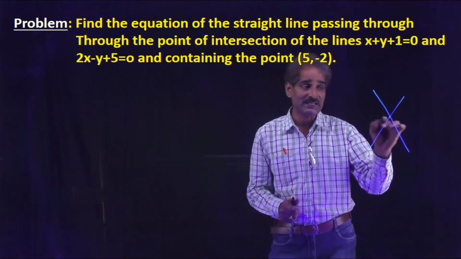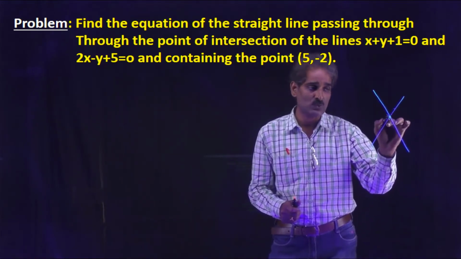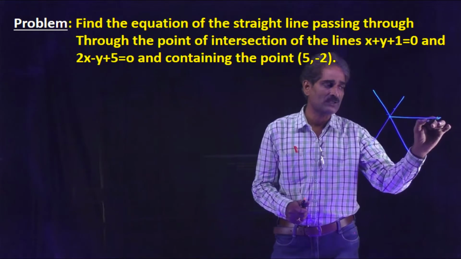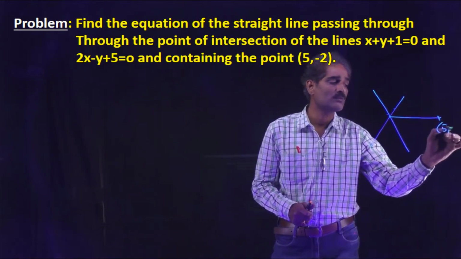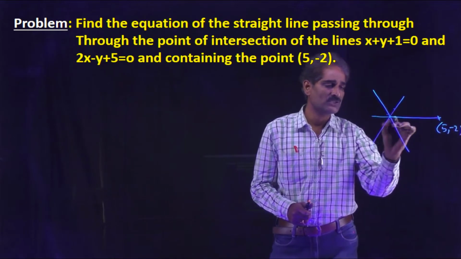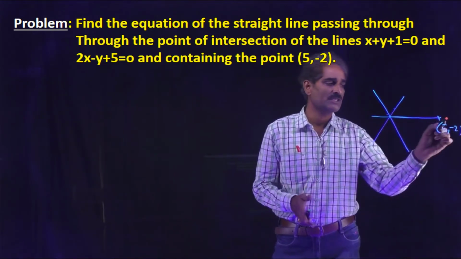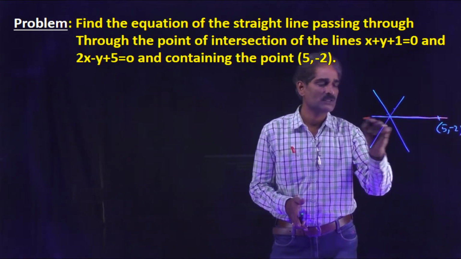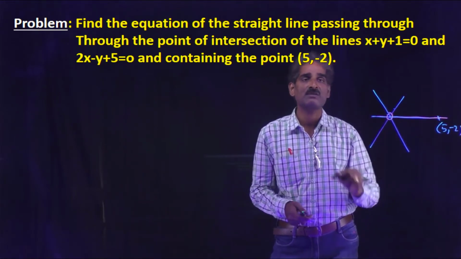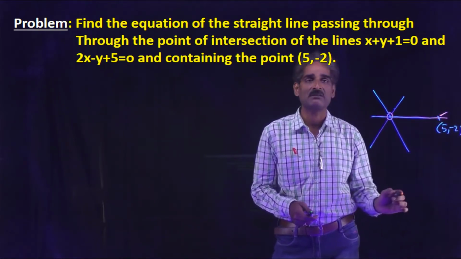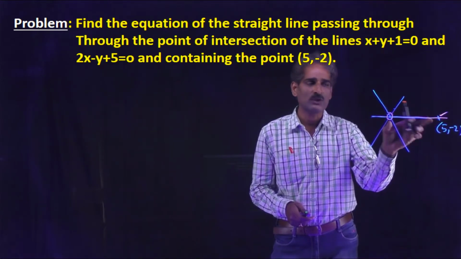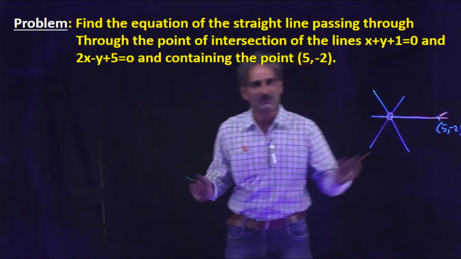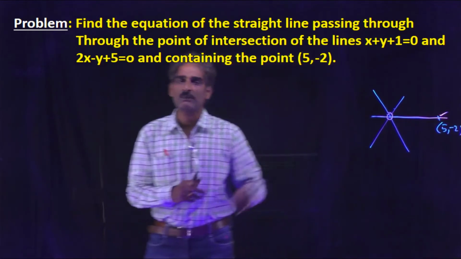Our required line passes through the intersection point of these two and through another point, the given point 5 comma minus 2. That means this is the line passing through these two points. If you know the coordinates of these two points, we can find the equation of the line with the help of the two-point formula.